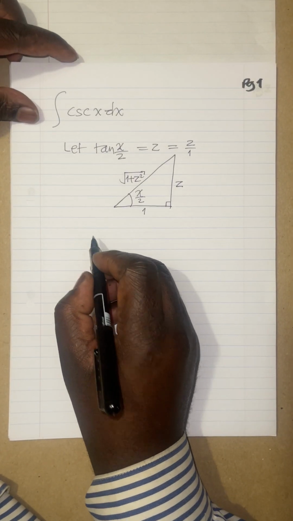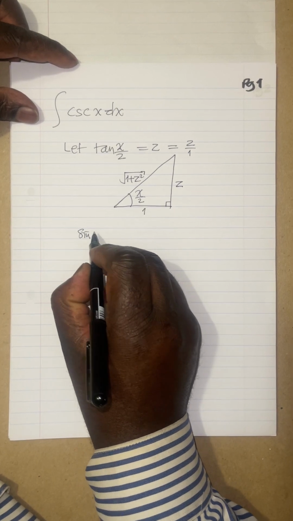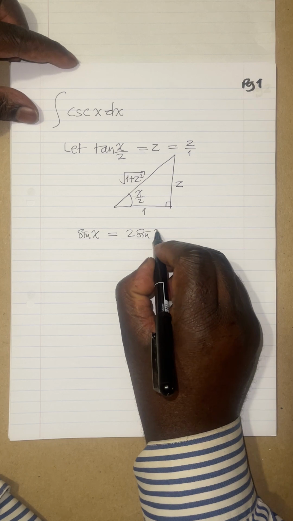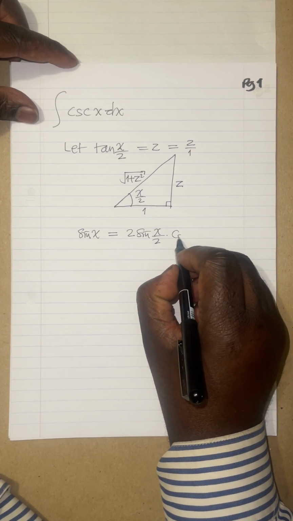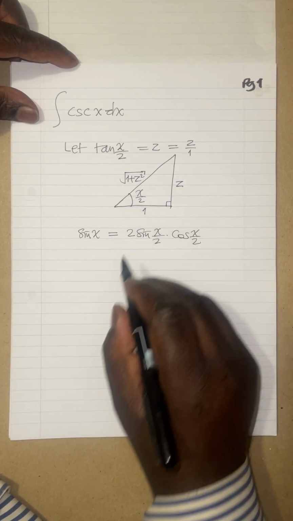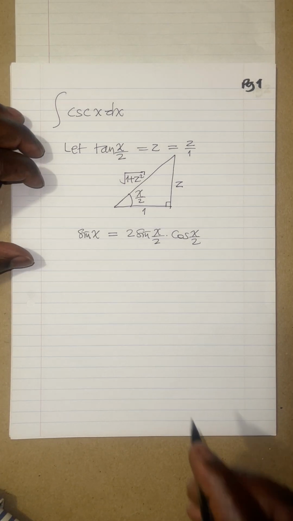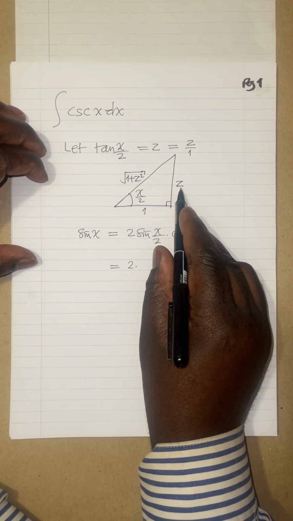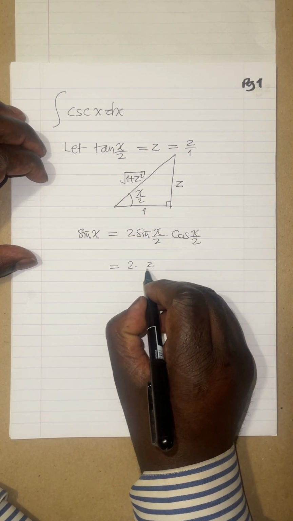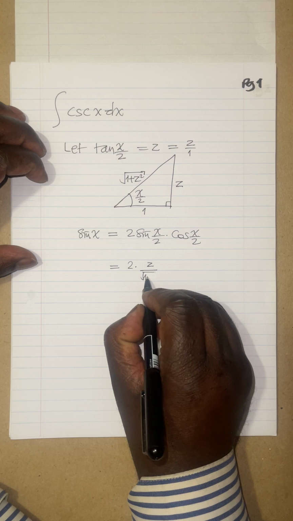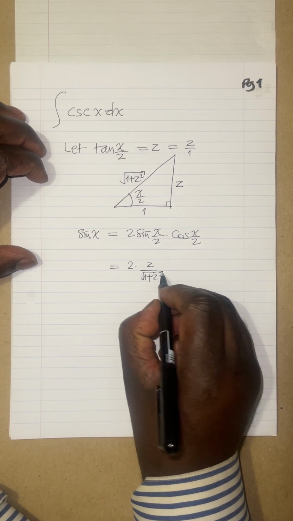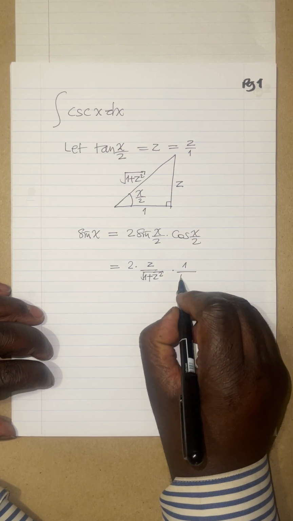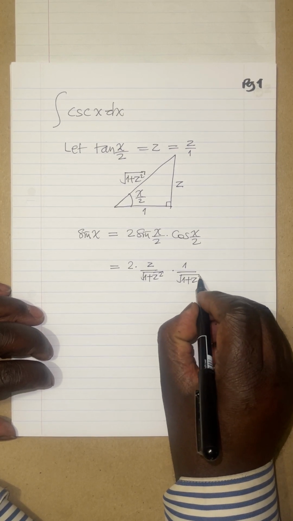The first one is to remember that sine of x using double angle formula is twice sine of x over 2 times cosine of x over 2. Now using this triangle here, this is 2 times, sine is opposite side over hypotenuse, so z all over square root of 1 plus z squared, times cosine, which is adjacent over hypotenuse, so that's 1 over square root of 1 plus z squared.